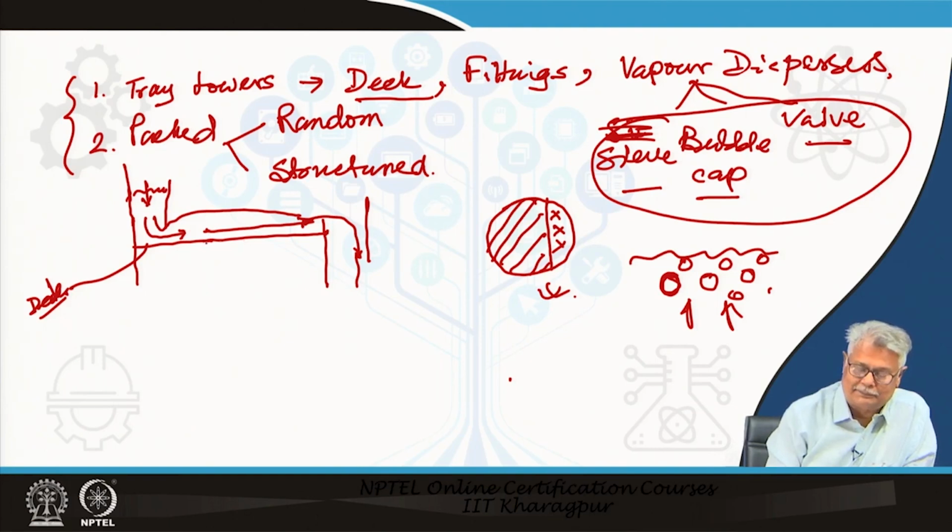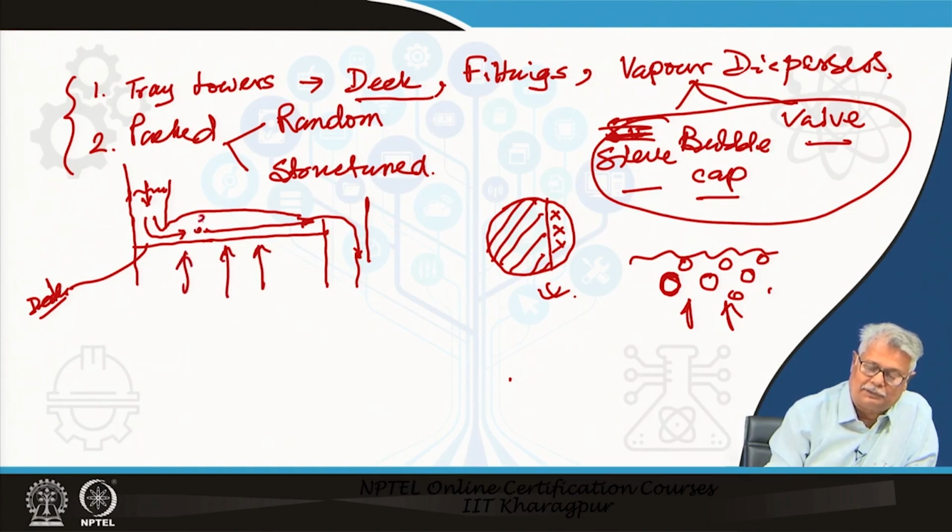Now, once this has happened, we know that we are going to have the vapor coming from the bottom, the bubbles will go up, and naturally the vapor will be going up this way. Now, I come to the earlier problem which I just stated, that how do I ensure that I have a level of liquid on my tray.